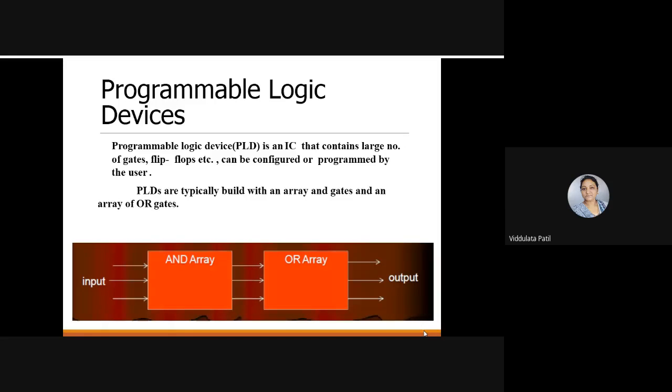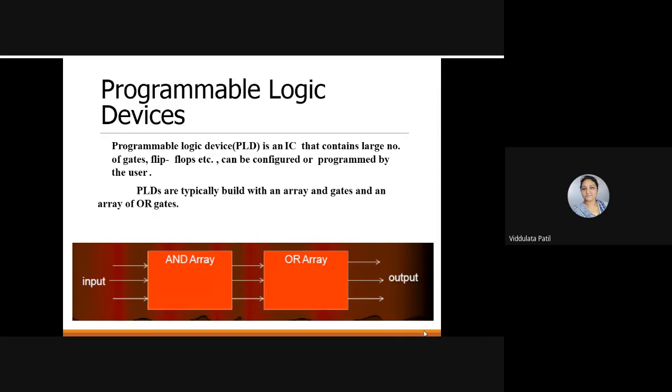Programmable logic devices, in short called PLDs, are an IC that contains a large number of gates, or a large number of flip-flops also, that can be configured or programmed by the user. That is the definition of programmable logic devices.